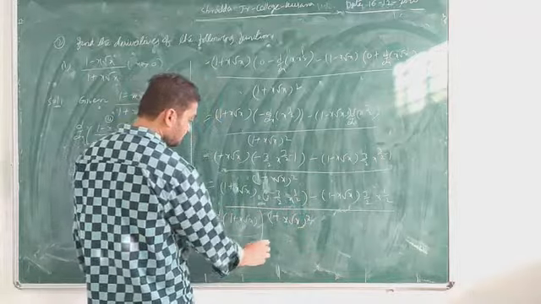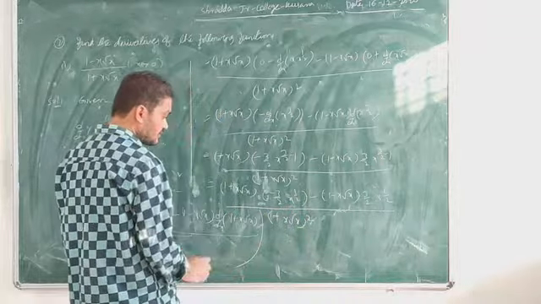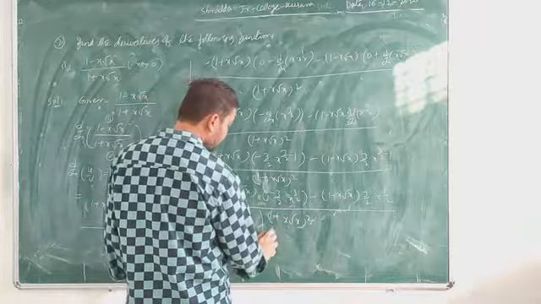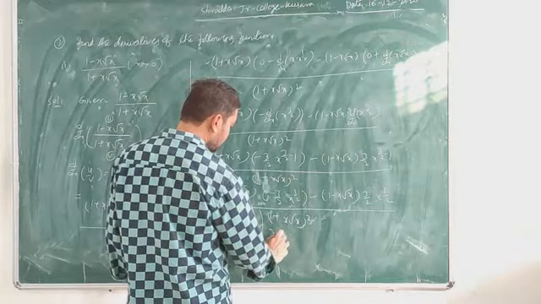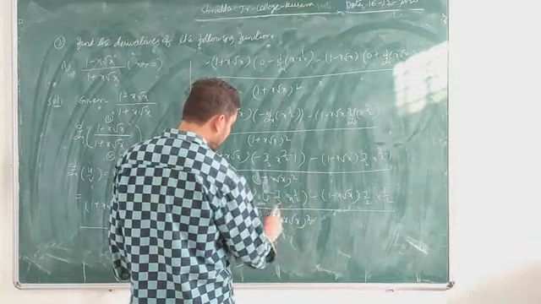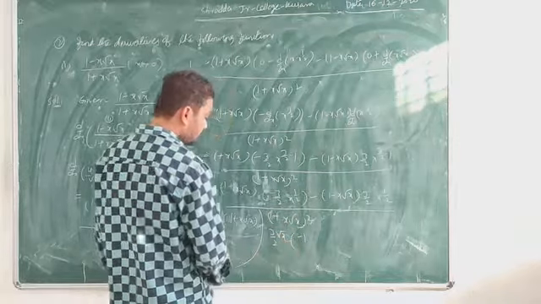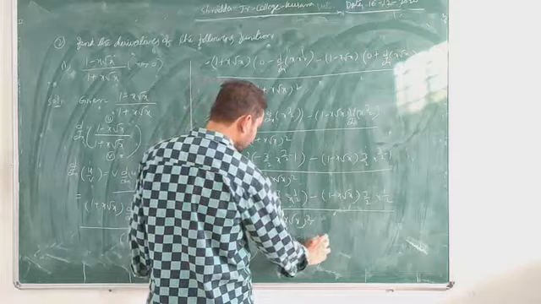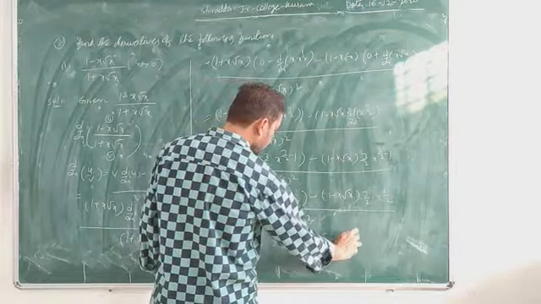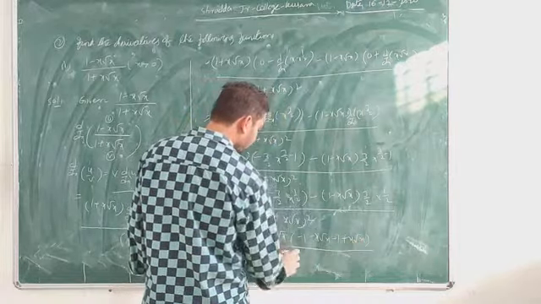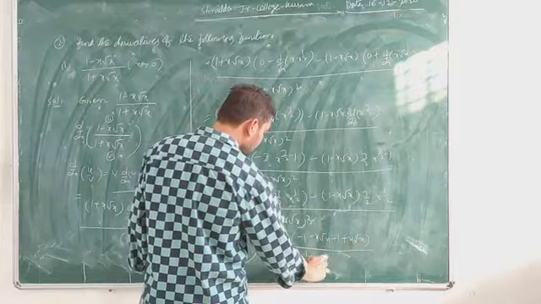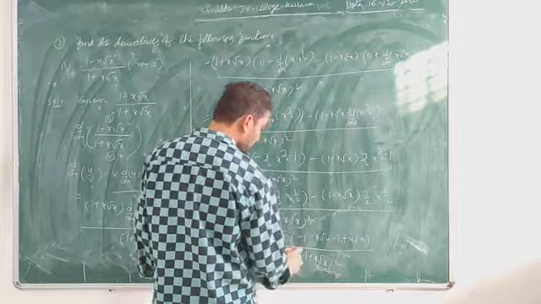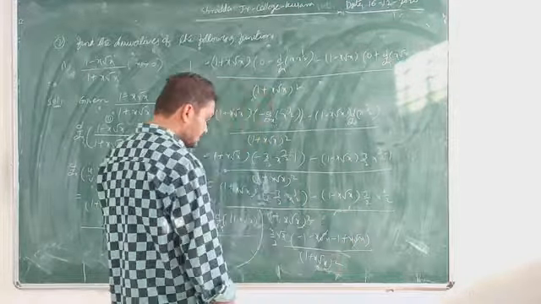Now see here, what are we getting common here? 3 by 2 into root x we are getting common. Minus [(1 minus x root x) minus (1 plus x root x)] by (1 plus x root x) whole square. Minus plus gets cancelled here.